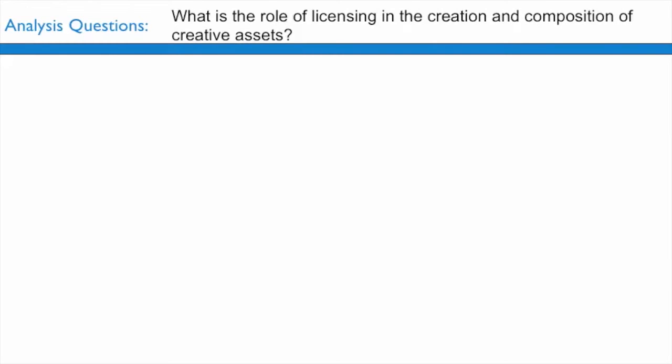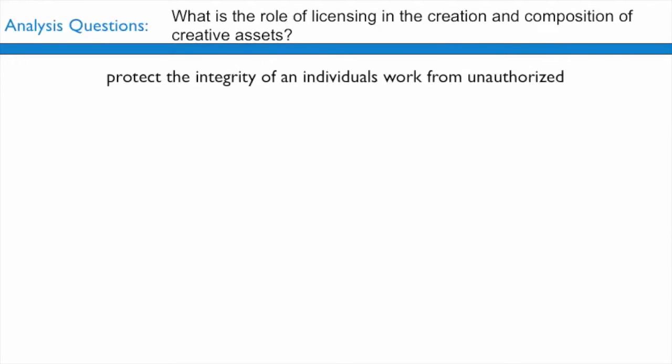So, the first question, what is the role of licensing in the creation and composition of creative assets? Copyright and licensing play an important role in design because they help to protect the integrity of the individual's work from a variety of things that could be unauthorized, such as copying and pasting and editing and unauthorized distribution.